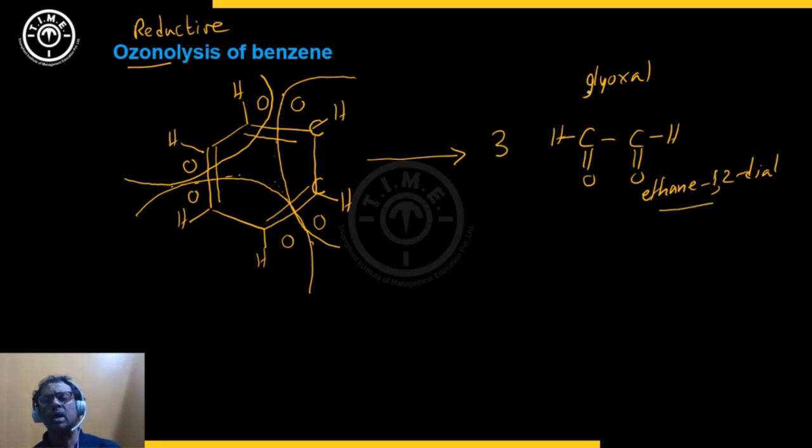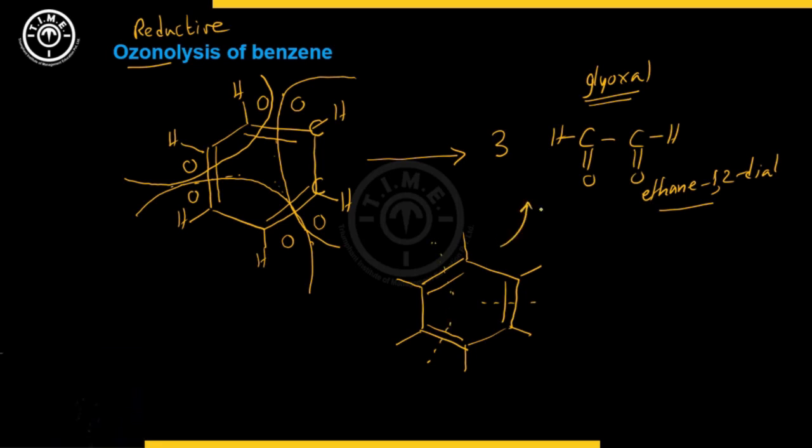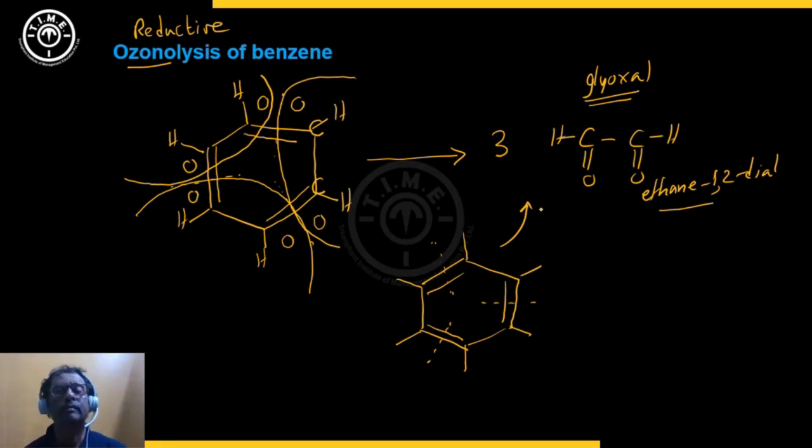So benzene on ozonolysis gives 3 moles of glyoxal. Keep that in mind. Whether you start with this structure or this structure, it is not going to give any difference. So I'll put a double bond here, here, and here. The other Kekulé structure I have put, despite that, we will not get any difference, right? This bond is going to break, this bond will break, this bond will break, and it is the same product that we wrote here. So reductive ozonolysis of benzene gives 3 moles of glyoxal.